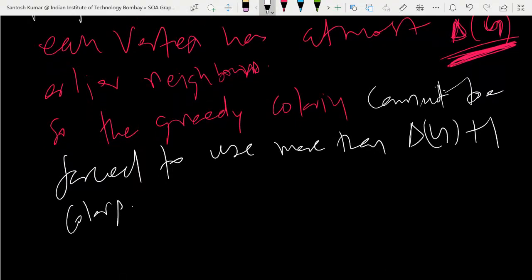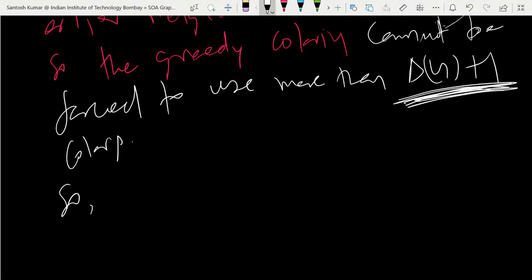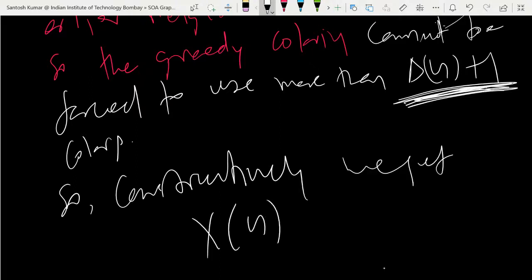In greedy coloring, the number of colors is less than or equal to delta G plus 1. Chromatic number is the minimum number of colors required, so that must be less than or equal to this. Constructively, we get chromatic number is less than or equal to delta G plus 1.